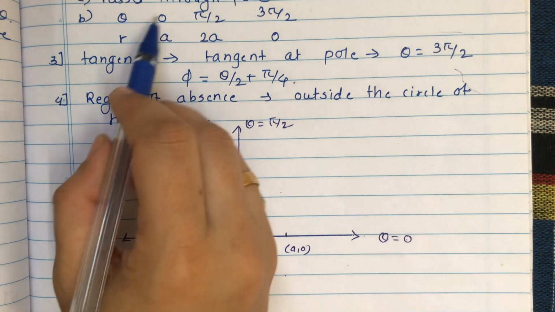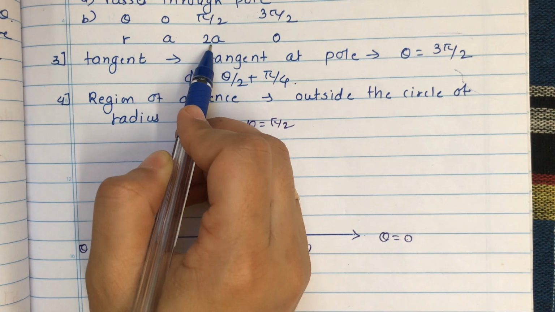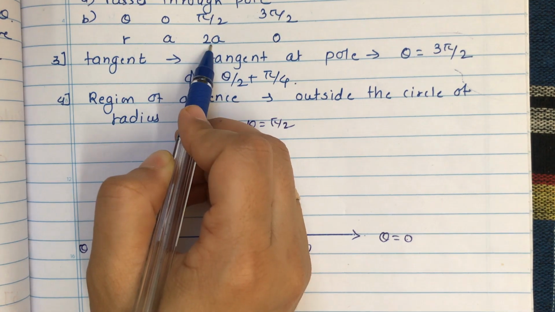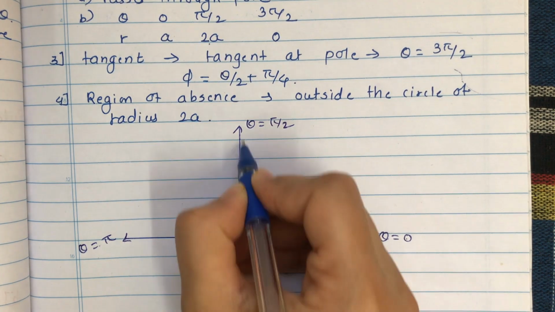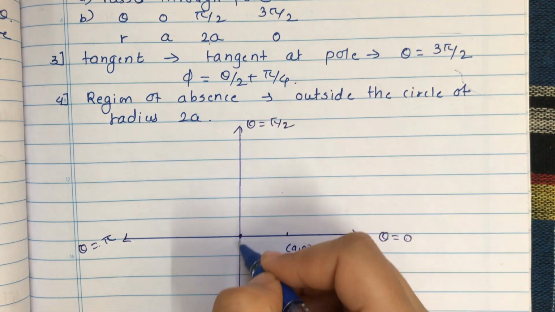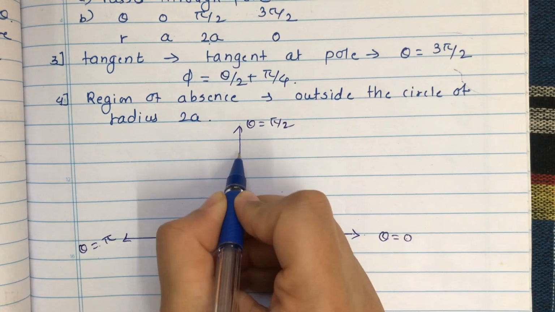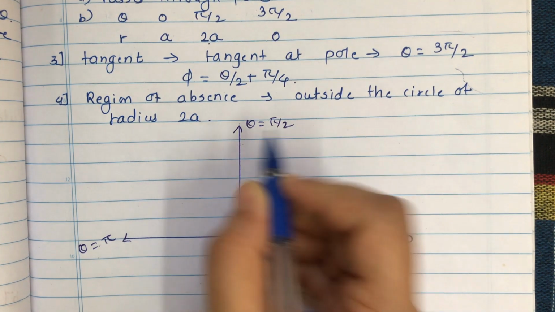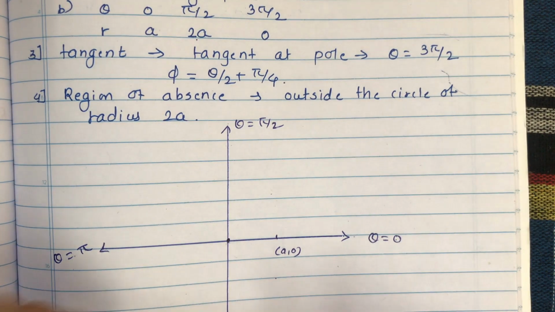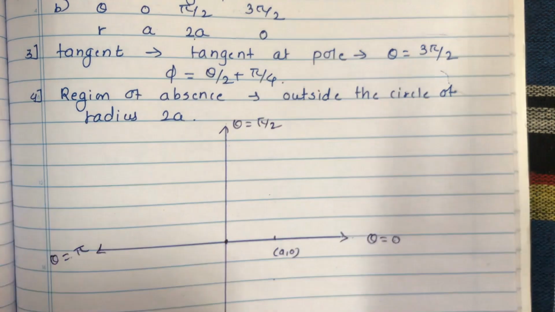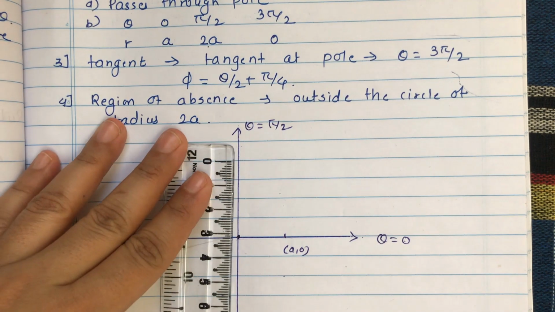Next, when theta is equal to pi by 2, r is equal to 2a. So theta is equal to pi by 2 is this line. So we have to plot at 2a distance. As we have taken this distance 2, I will take here 4.